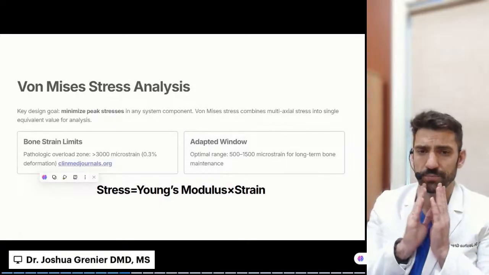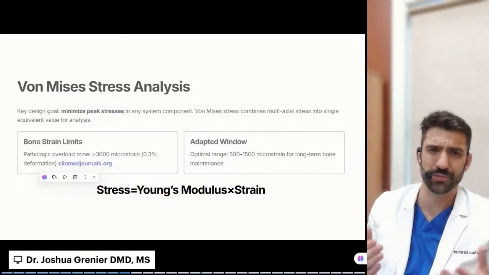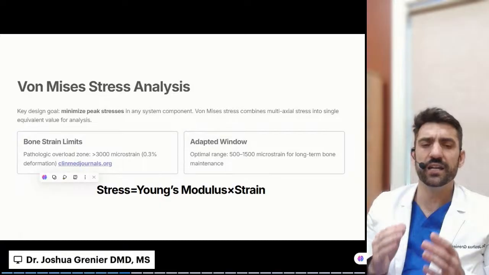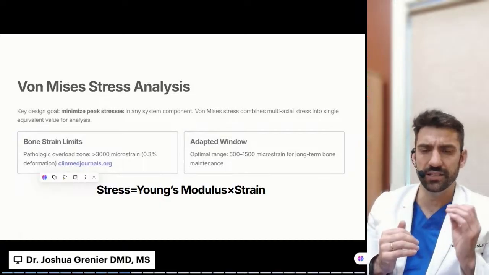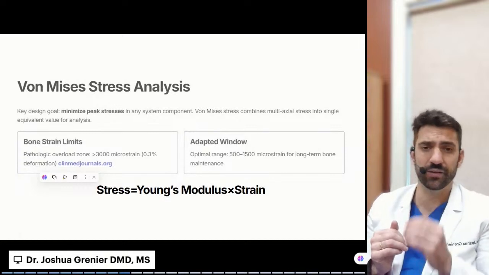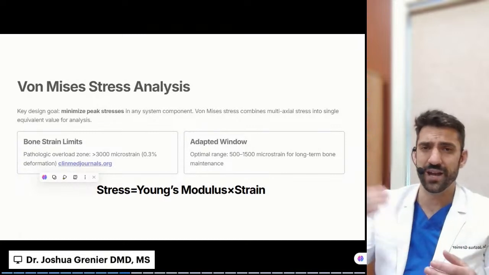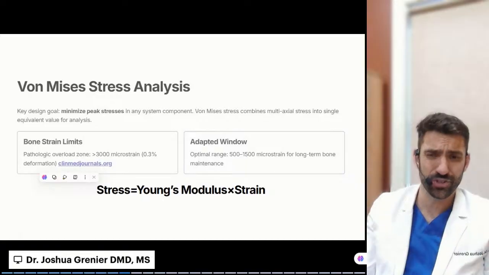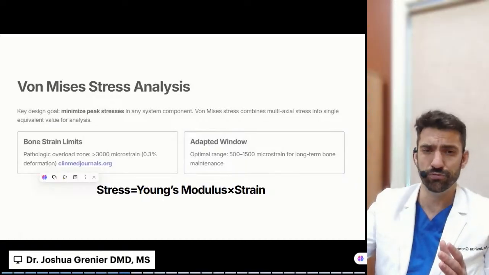So something like the mandible, which is very high quality, type 1 or type 2 bone, very stiff, is going to yield less. So you're going to have less microstrain with an equal amount of stress than on the maxilla, which may have type 4, very soft bone. It's going to move more.